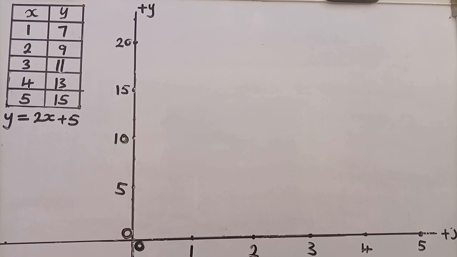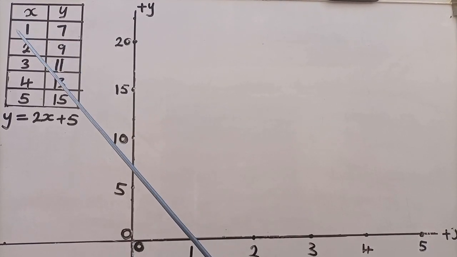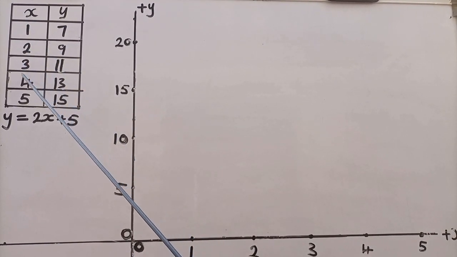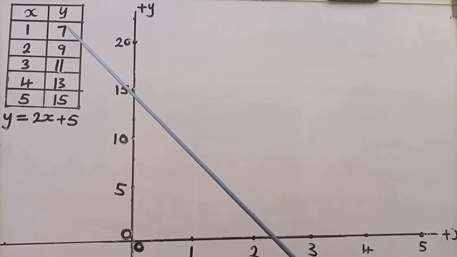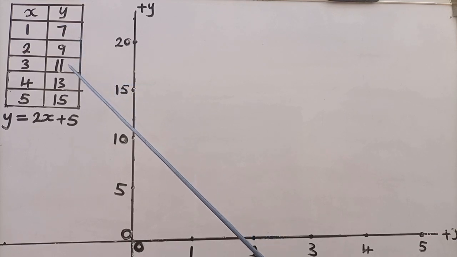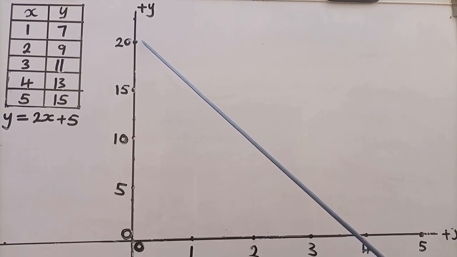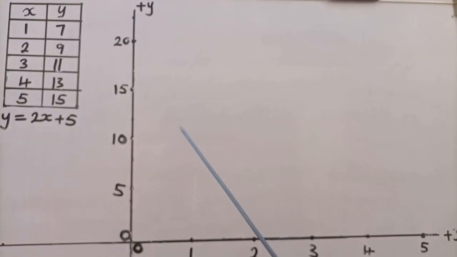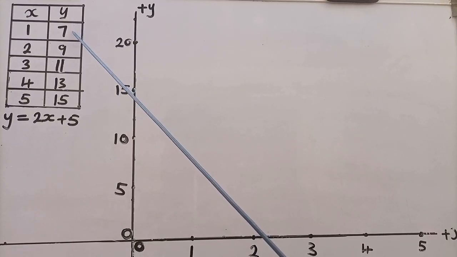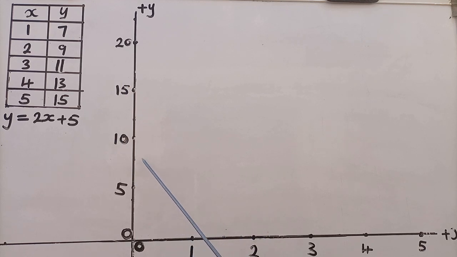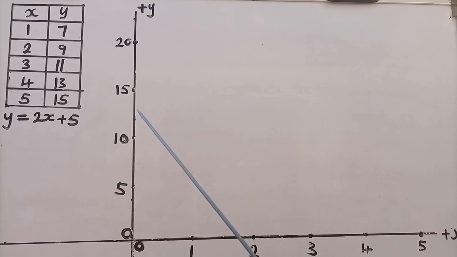But the question now is, though we have 1, 2, 3, 4, 5, so we can locate them on this X. It is not every value in this Y column that we see written on this Y axis. For instance, the first value is 7, and there is no 7 written here. 7 exists somewhere between 5 and 10, but not written.